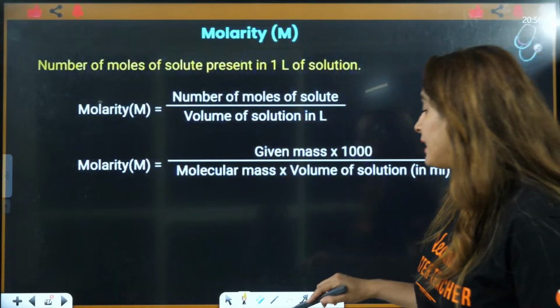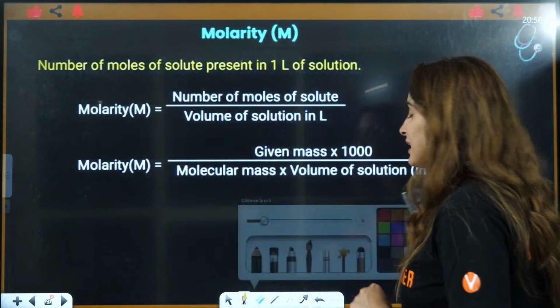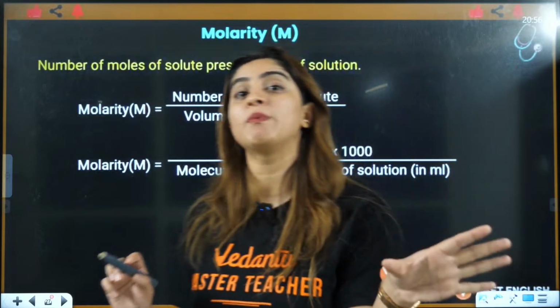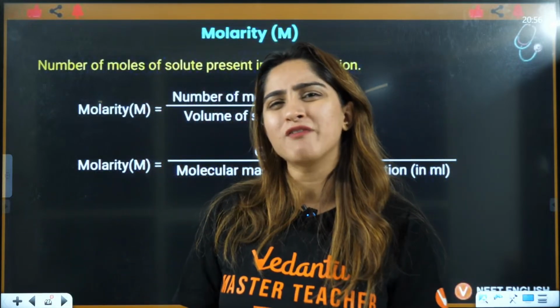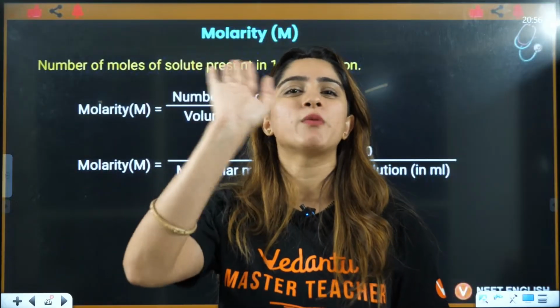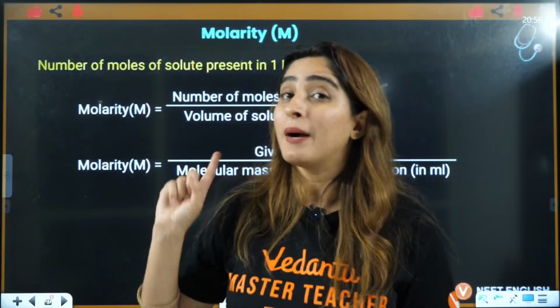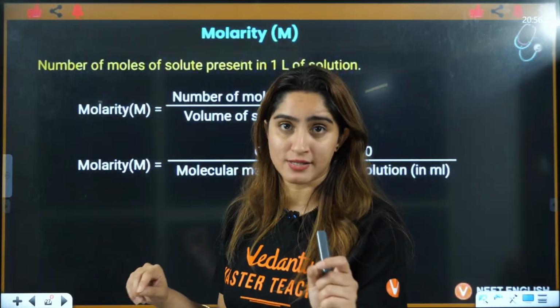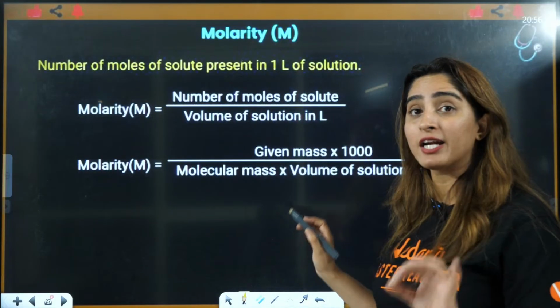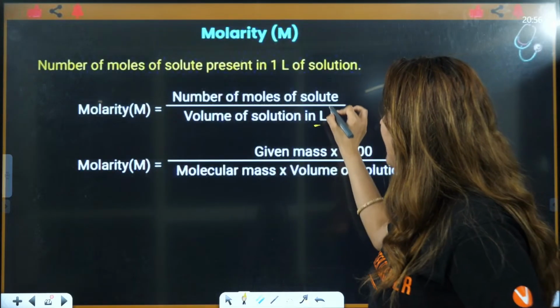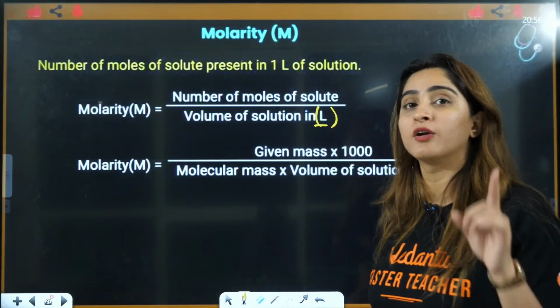Now, here it is molarity. Here unit plays a very important role. In percentage, ppm, I was saying that you can take it as gram or milliliter, it's not fixed, but here the unit is fixed. That means this is number of moles of solute divided by volume of solution, and that will be in liter only.